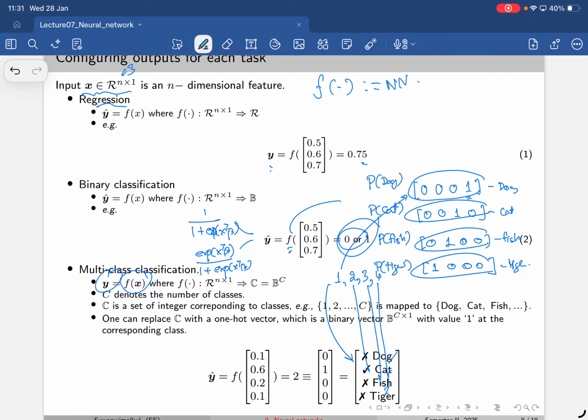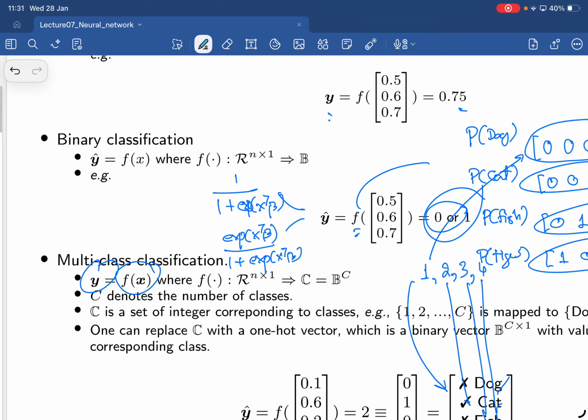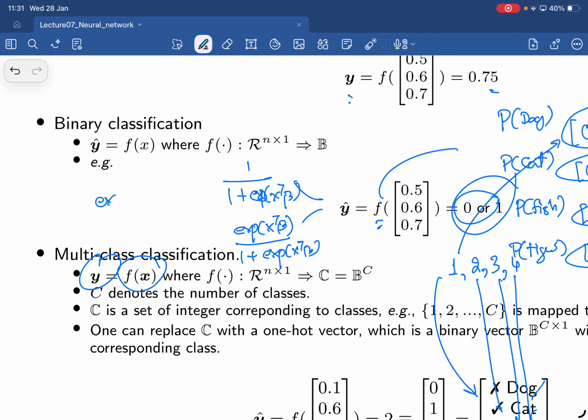And as I mentioned before, this could actually be reshaped a little bit.